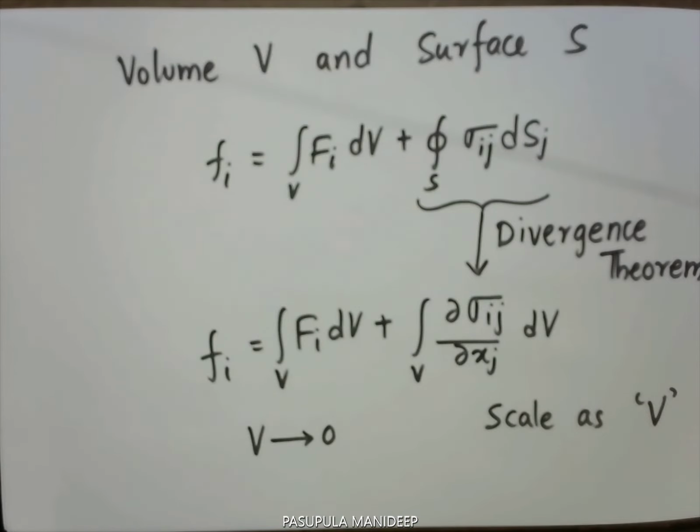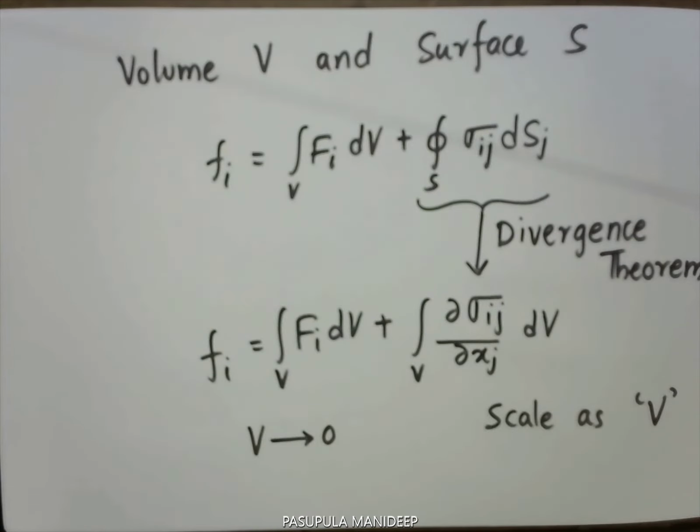According to Newtonian dynamics, the ith component of the net force acting on the volume element is equal to the ith component of the rate of change of momentum. The net force acting on the volume element is equal to the rate of change of its linear momentum.